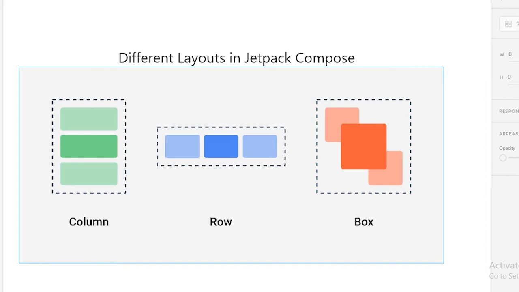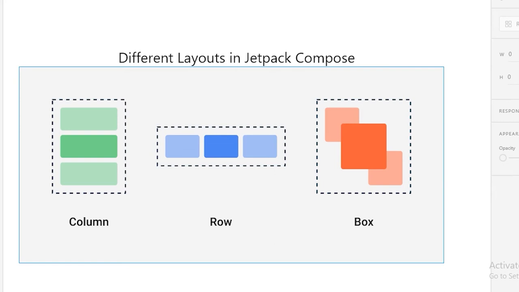And in the row layout, the children are like this, side by side. And the other is the box layout. In this box layout we need to define the content alignment of this layout. So we can provide center, top center, bottom center, top left, bottom left, according to the use case.